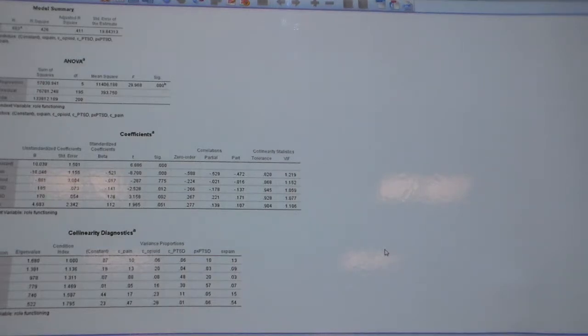Yep, it's the one that's sitting right here. Yeah, it's kind of hard to see, but... It's this.